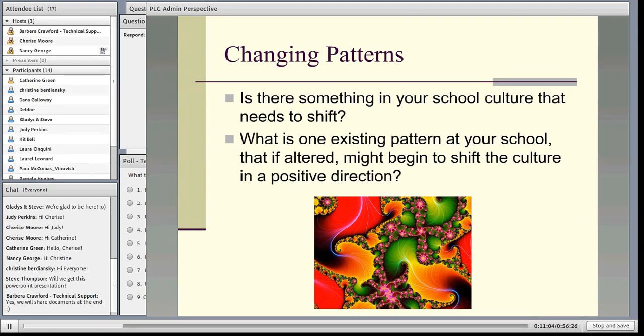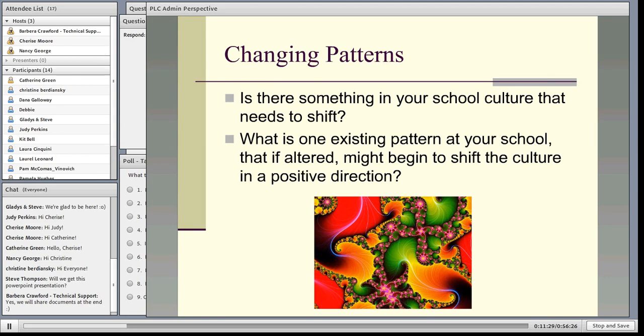Generally we would see that if, for example, there was not enough input in decision making at the classroom level, that was reflective of a pattern of not enough input in decision making at the program level and at the school level. So we saw those patterns reflecting themselves as fractals throughout the system.